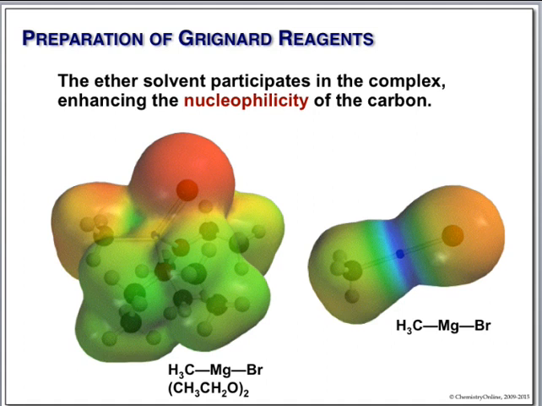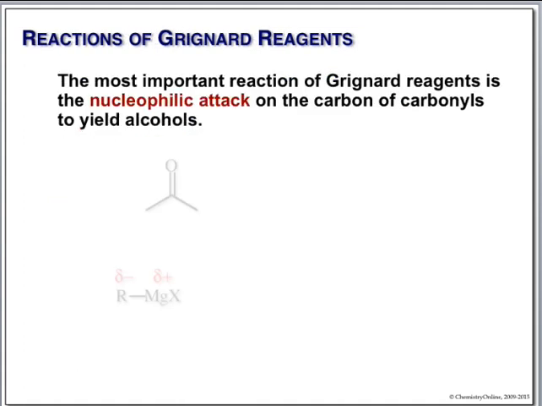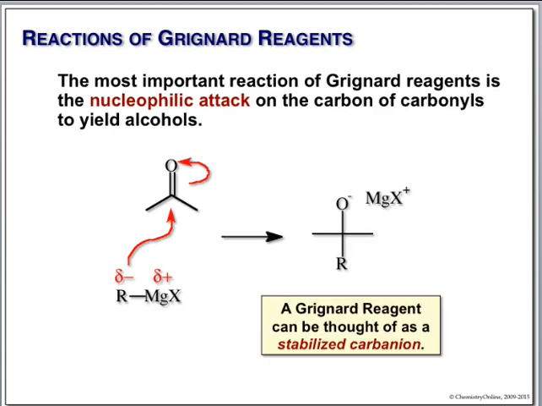The mechanism is very simple, really. We're going to take a generic alkyl magnesium halide and a carbonyl. This has a negative character, and it will simply add as a nucleophile to a carbonyl to give us the magnesium oxyanion.